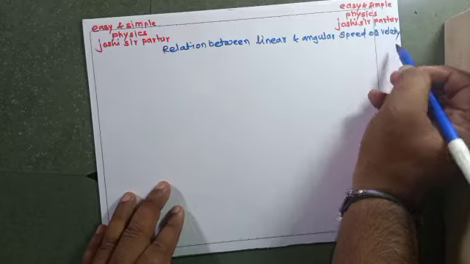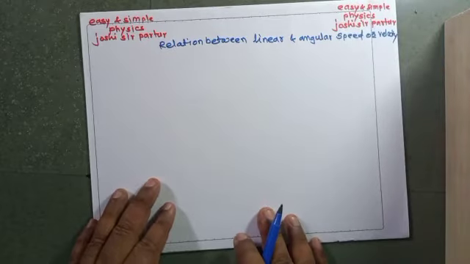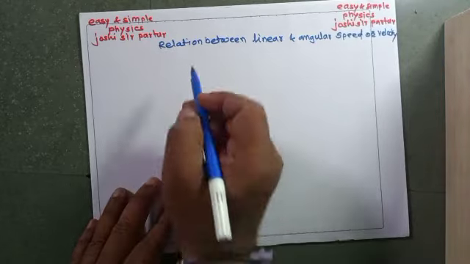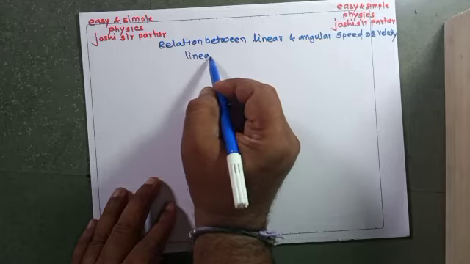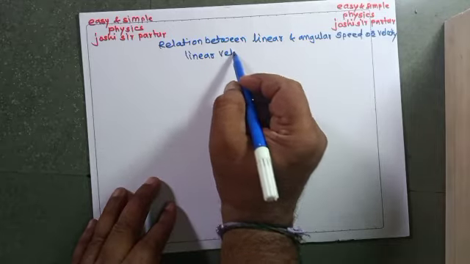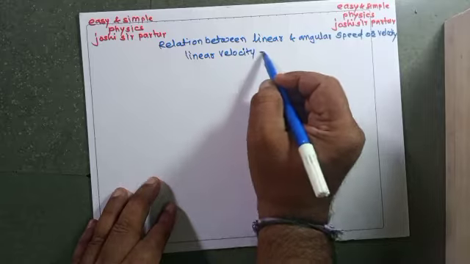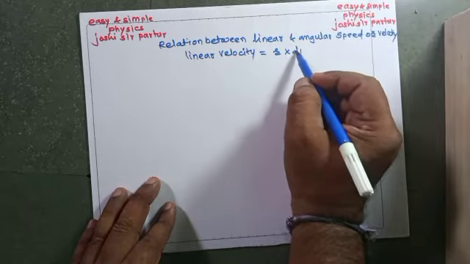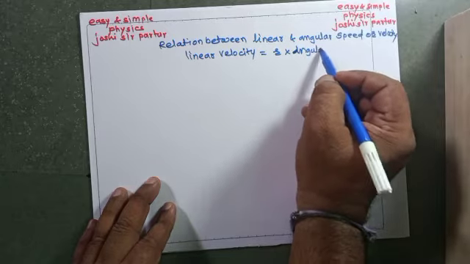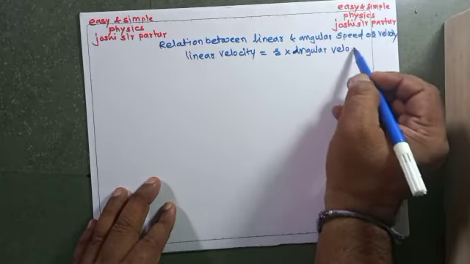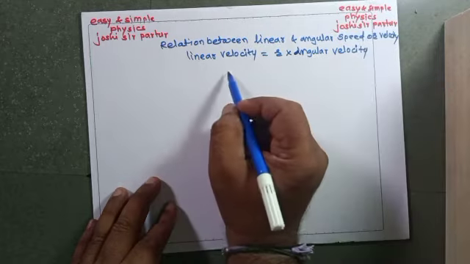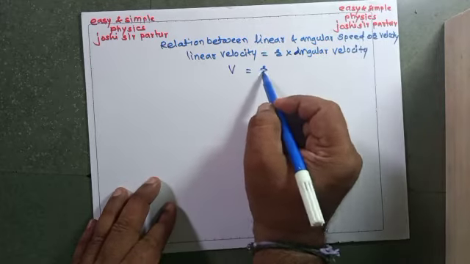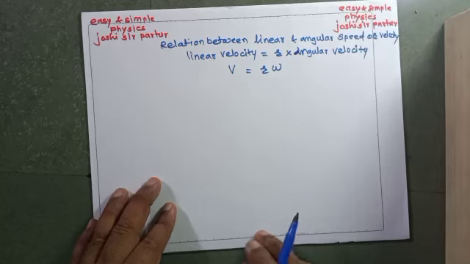Velocity. Here we know linear velocity is the product of distance and angular velocity. That is the relation, meaning v equals r omega.